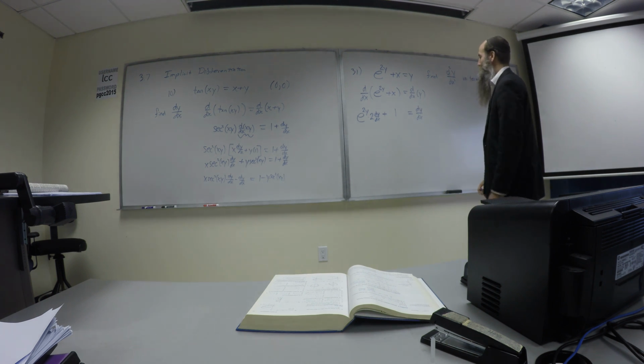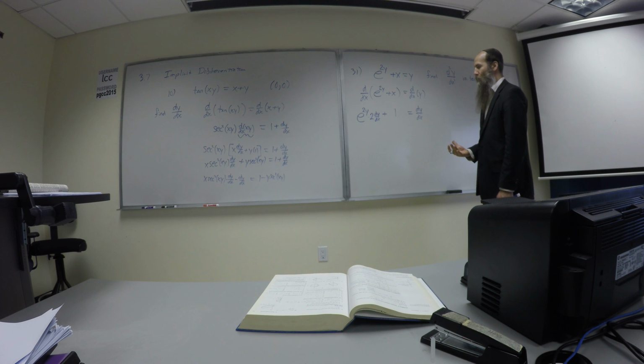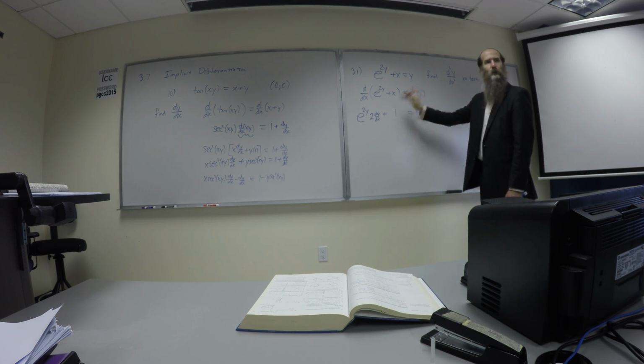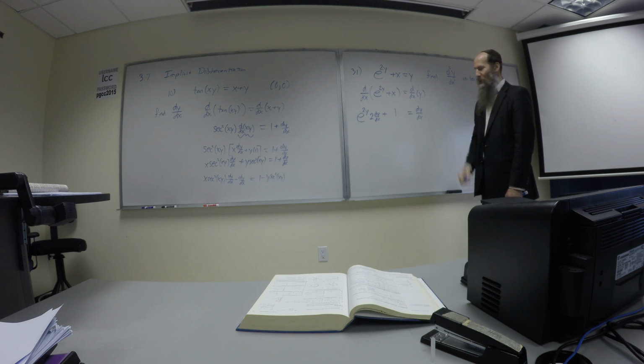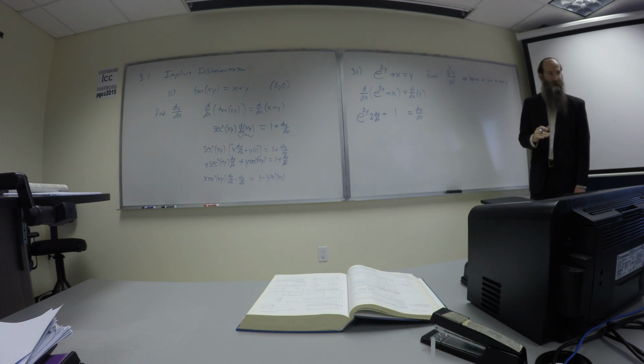Now you could do one of two things. You could solve for dy dx right now and then differentiate that with respect to x, or you could just go ahead and do another derivative on each side. You're going to have to solve for dy dx anyway, so why not do it now?